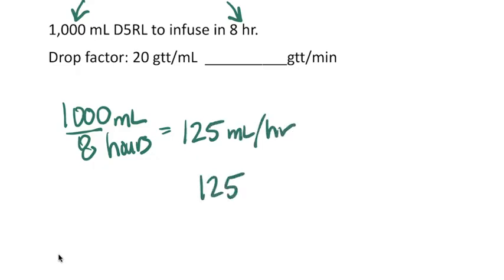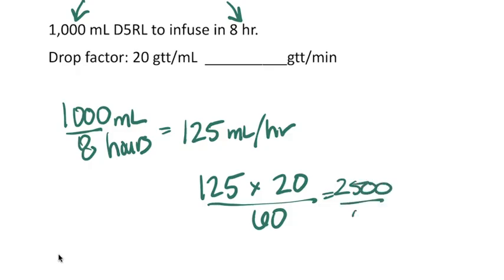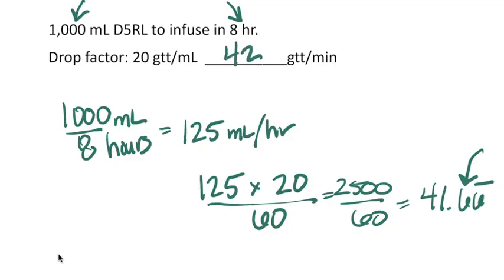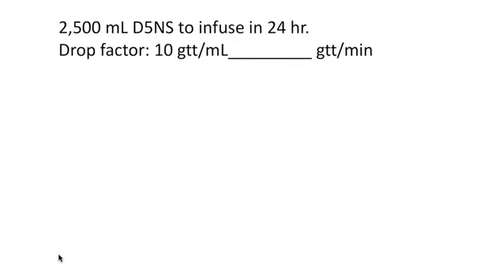Take my 125, multiply that by 20, divide that answer by 60, and I get 125 times 20 equals 2,500 divided by 60. Ooh, that's a popular number, 41.66. All right, I'm going to look at this 10th value and round up to 42, and I already have my label here, so I don't need to label it. 42 drops per minute.